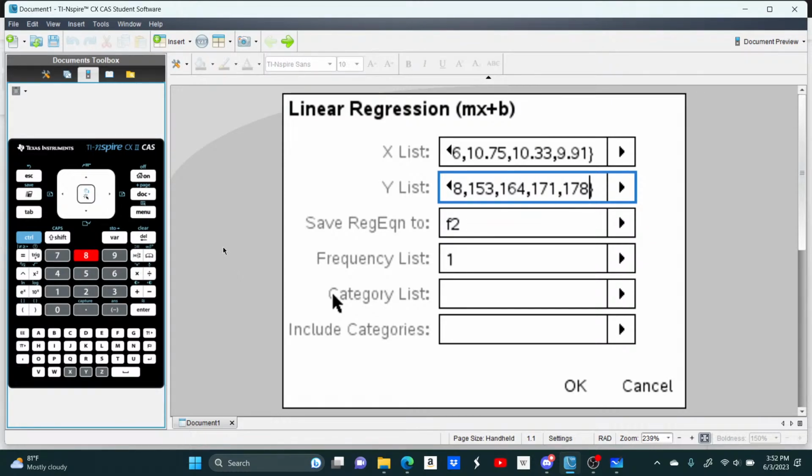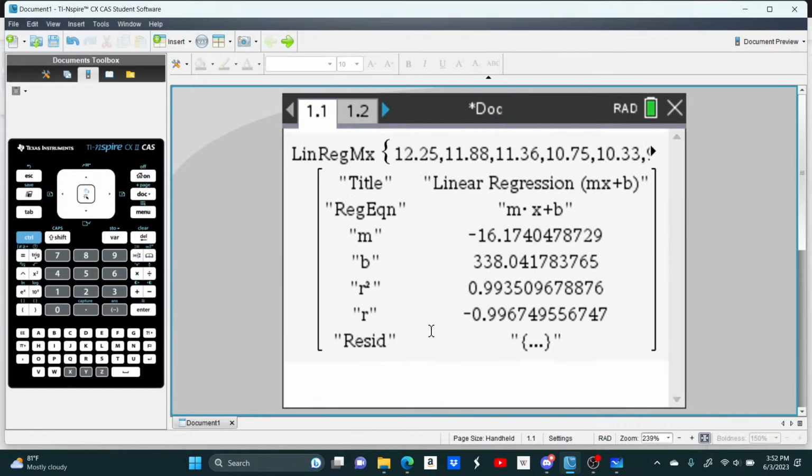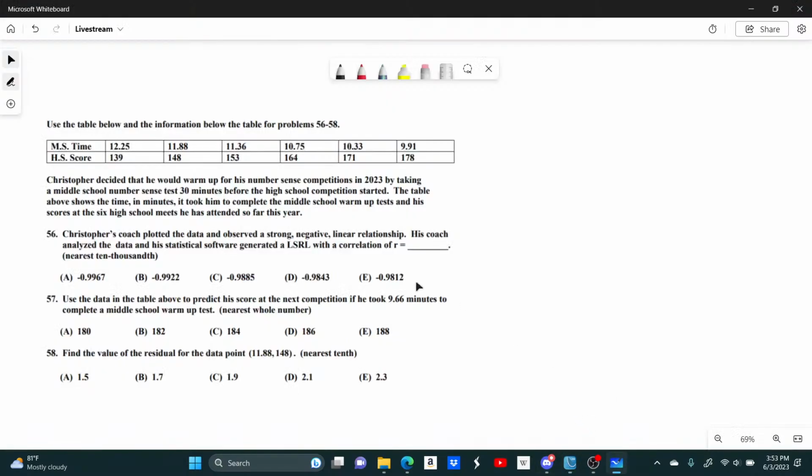There you go. When I click OK, it gives me an R, and it specifically asks for the R, not the R squared that it usually asks for. The R gives you a negative 0.9967, which, yep, that's instant choice A.